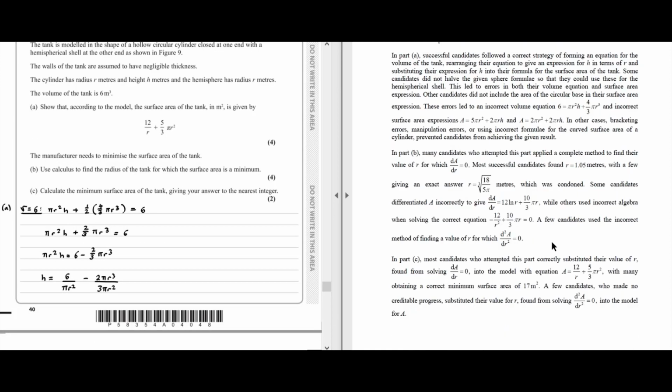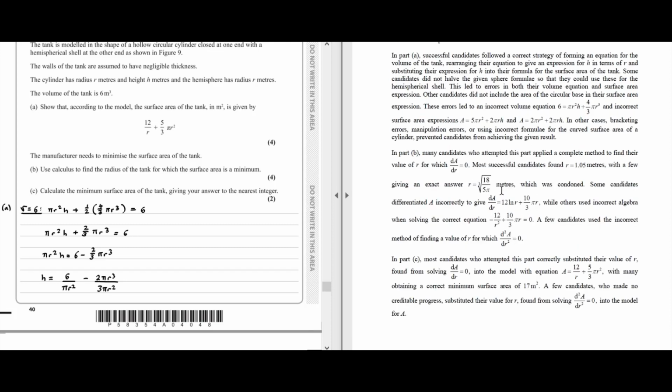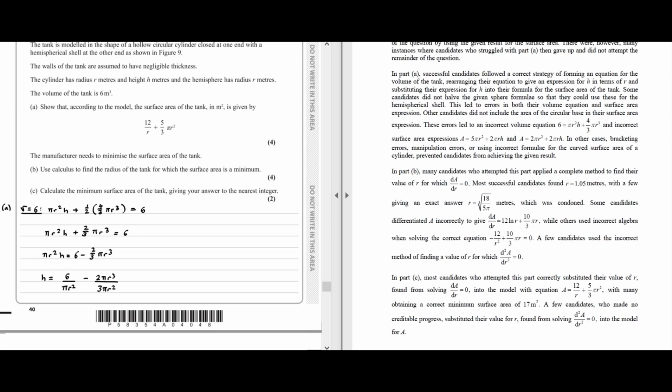Part B, where we had to find the minimum radius, there were those who found their value of r by setting dA over dr equal to 0. They found the correct r from that. Some gave an exact answer, which was condoned. Some differentiated A incorrectly, and they got logs from that somehow, I don't know how. But there were a couple who found the value of r by finding the second derivative, which was incorrect.